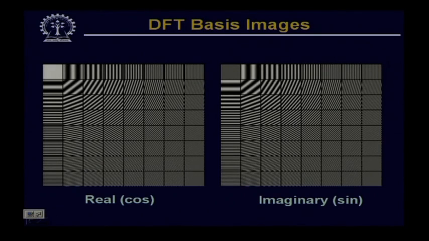We will see later that in the case of discrete Fourier transformation, we get two components, one real and the other imaginary. Accordingly, we have two basis images, one corresponding to the real component and the other to the imaginary component.